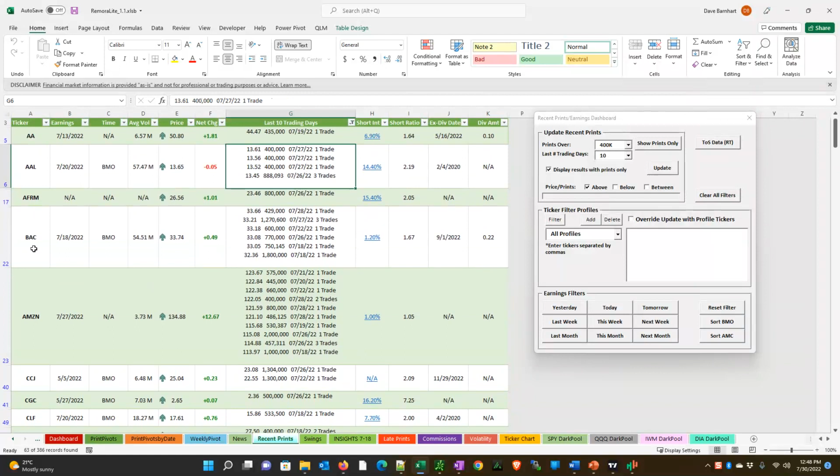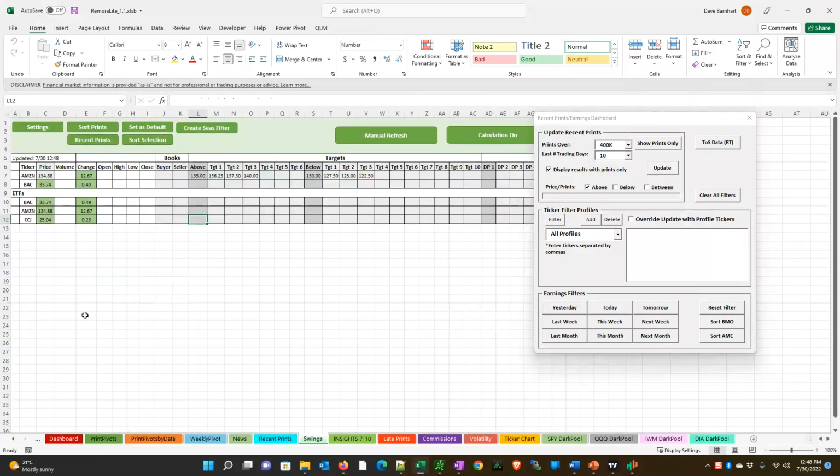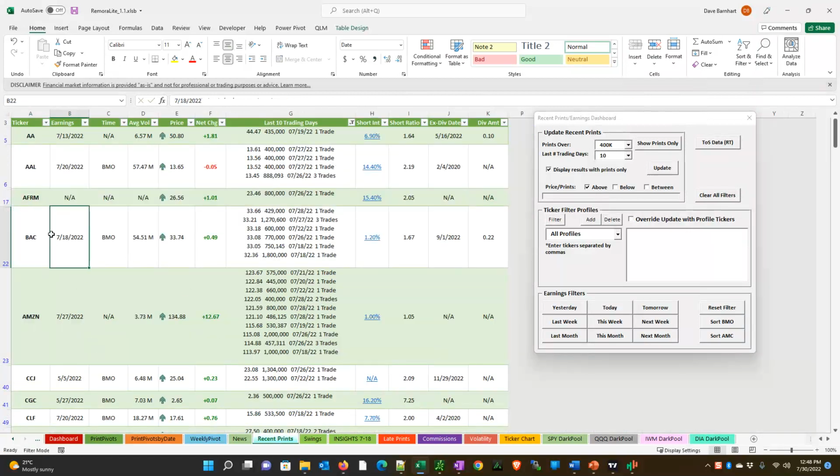Well, if I wanted these ones, like BAC, Amazon, and let's see, what is that, CCJ, I can do Control-Shift-W, and look, it added it to my watch list automatically here. So I could just change this to longs, and then we have that. So we'll go back to our recent prints.